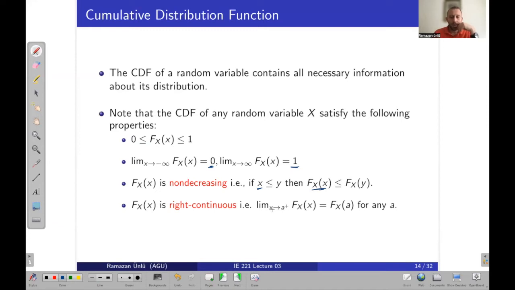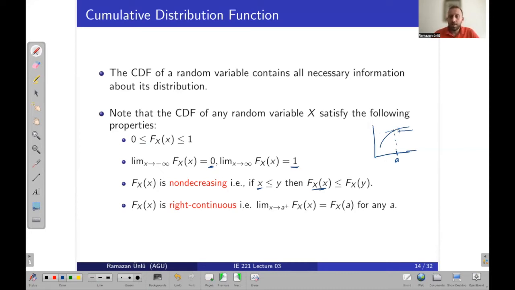And the last one is that F of x is a right continuous function. Let me show you in a graph. Let's say I have a graph like that, and I specify a point a here. When my x reaches that point from the right, F of x and F of a should be the same.